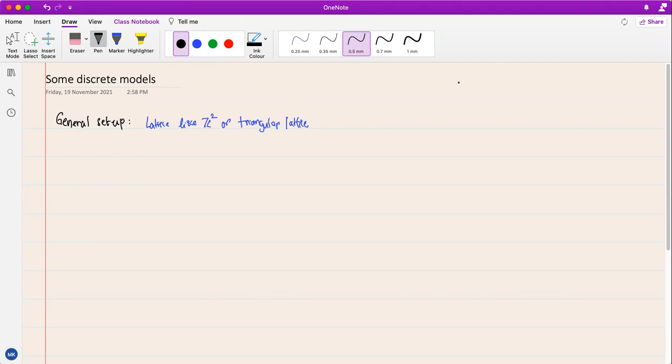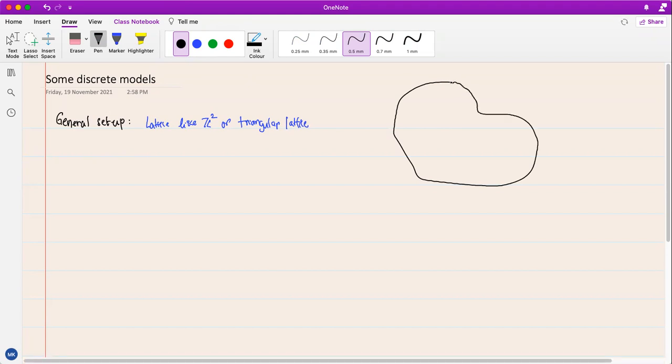Okay, so the general setup will be like this. There will be some domain omega. You can think of omega as a simply connected region, along with two marked boundary points, A and B. They could actually be prime ends.